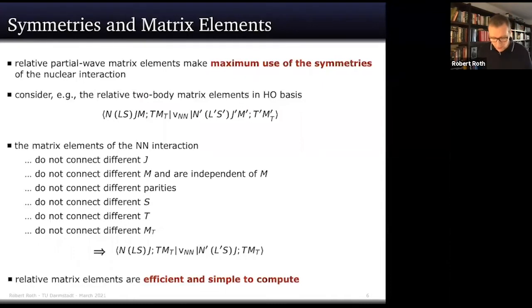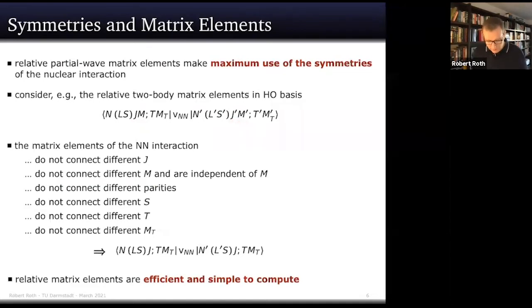And we call that the interaction does not connect different J because of spherical symmetry. It's the same for the M quantum number. Also, because of spherical symmetry, it doesn't connect different M quantum numbers. And in addition, the matrix elements are independent of this M. So you simplify life enormously with respect to these angular momentum quantum numbers.